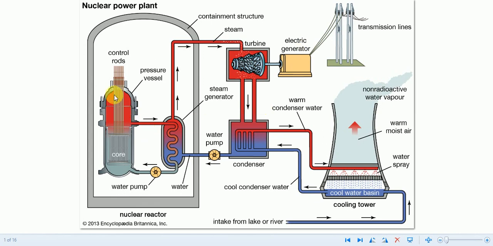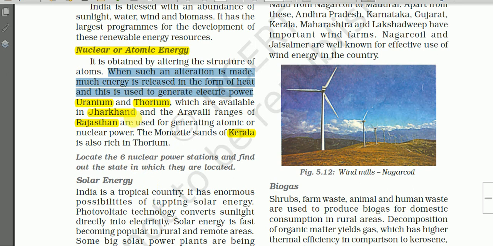In case of thermal power plants, the heating and boiling is done by burning coal, petroleum, and natural gas. In case of a nuclear power plant, heating or boiling of the water is done by this nuclear reactor, which uses uranium and thorium rods. About the distribution of these atomic minerals, uranium and thorium are available in Jharkhand and the Aravalli ranges of Rajasthan.